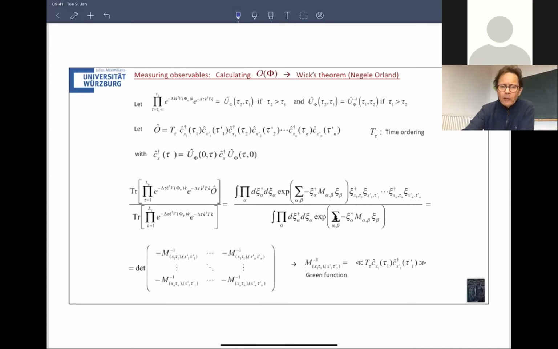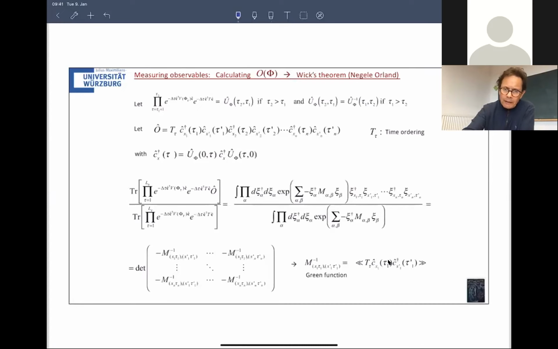In the Grassmann path integral, again, I can't do this online now, but what you will have is a determinant of essentially the matrix M, where the entries are M minus 1 between x1 tau 1 and x1 prime tau 1 prime. And this M minus 1 is nothing but the propagator, the single particle Green's function.